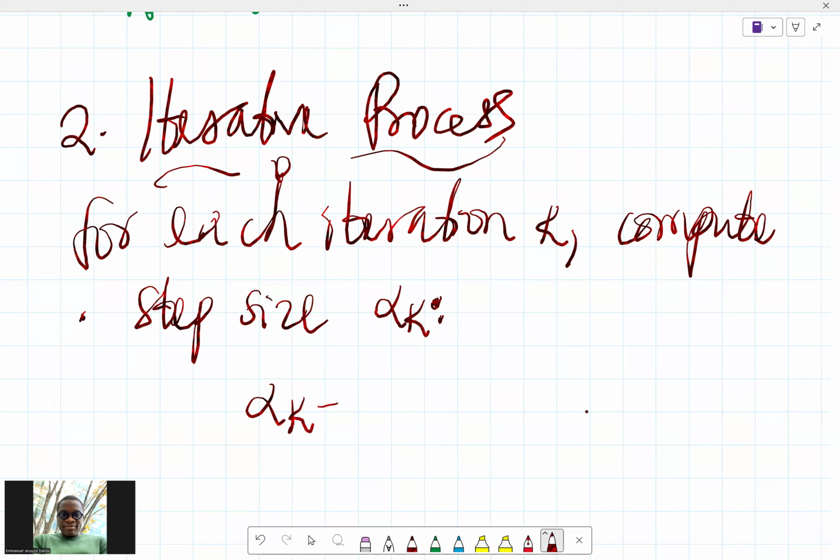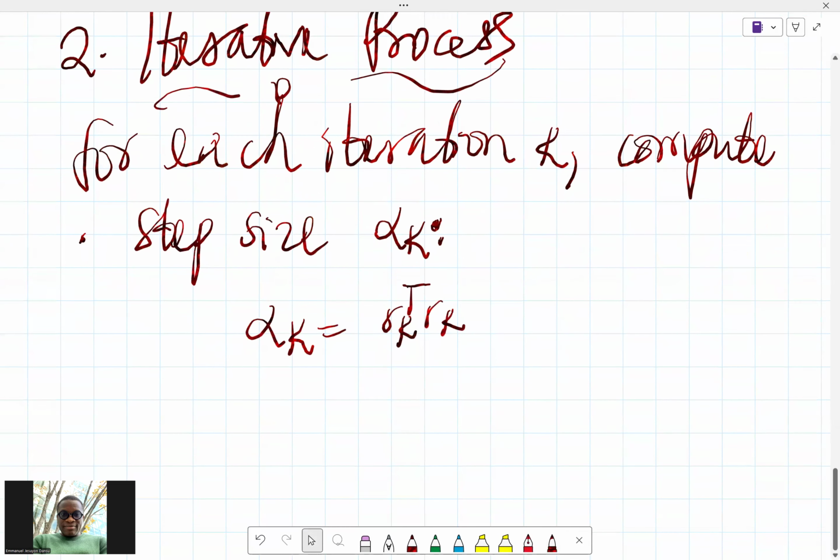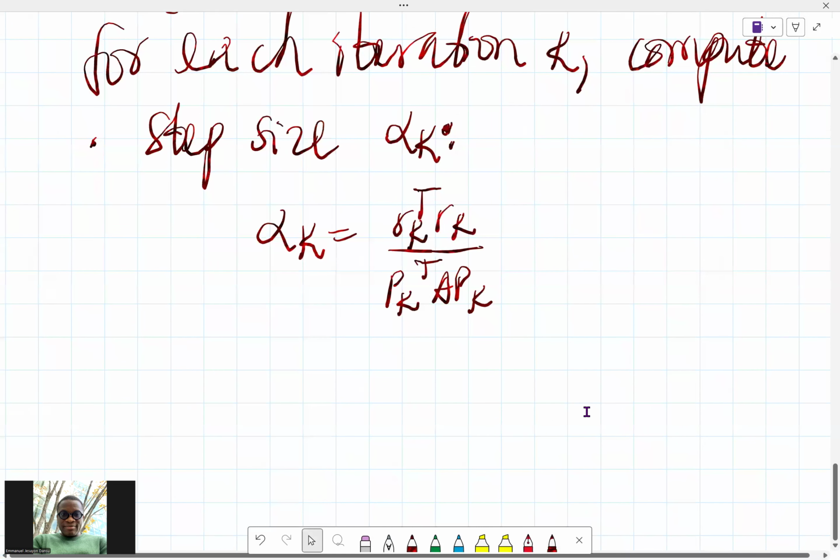Alpha K is equal to RK transpose RK over PK transpose APK.